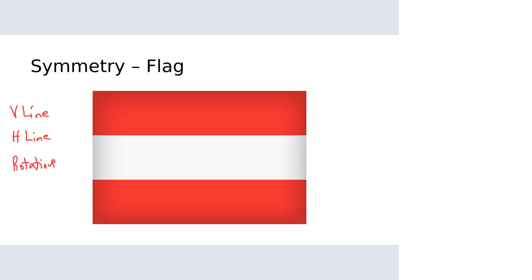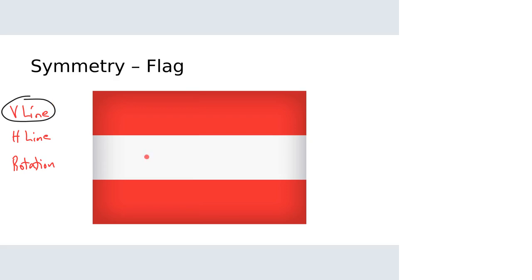So as we look at this flag, we want to decide, does it have vertical line symmetry? Does it have horizontal line symmetry? And does it have rotation symmetry? And in this one, let's see, vertical line symmetry. Yeah, if I were to fold it right there, sure enough, it does land right on itself. The left side and the right side are the same. So yes, we have vertical line symmetry.